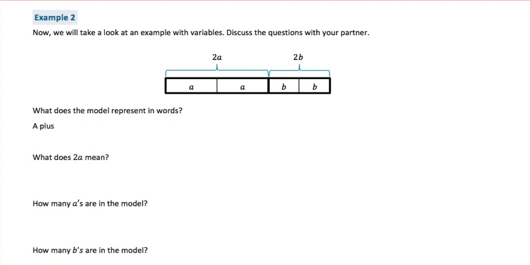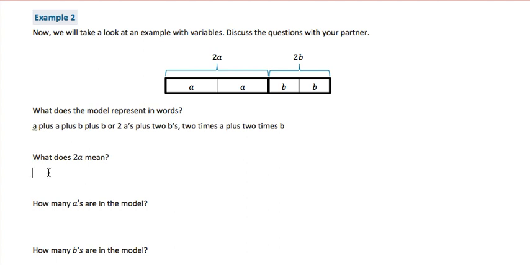A plus A plus B plus B, or 2 A's plus 2 B's, or 2 times A plus 2 times B. All of those things represent our model.